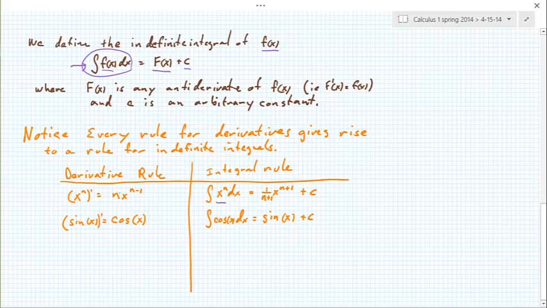When we do the antiderivative, we're going to have to divide out front by the higher power, and that's because, notice, if I took 1 over n plus 1 times x to the n plus 1, and I take its derivative, I multiply n plus 1 out front, so n plus 1 over n plus 1, that's 1. x to the n plus 1 minus 1 is x to the n. So you can always check your rules for antiderivatives. Remember, this has to be an antiderivative of x to the n, and then we add an arbitrary constant.